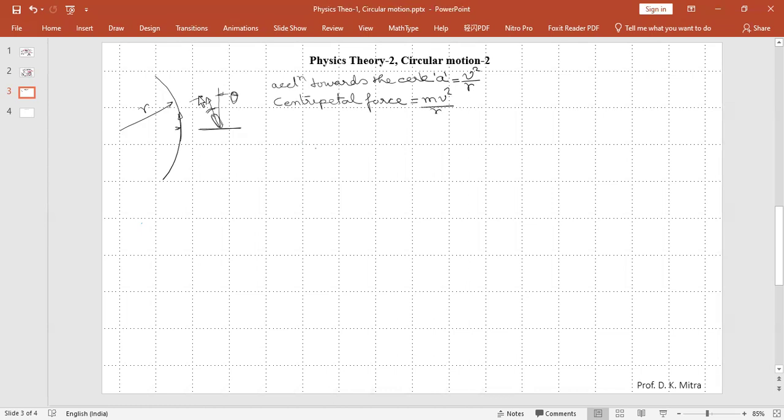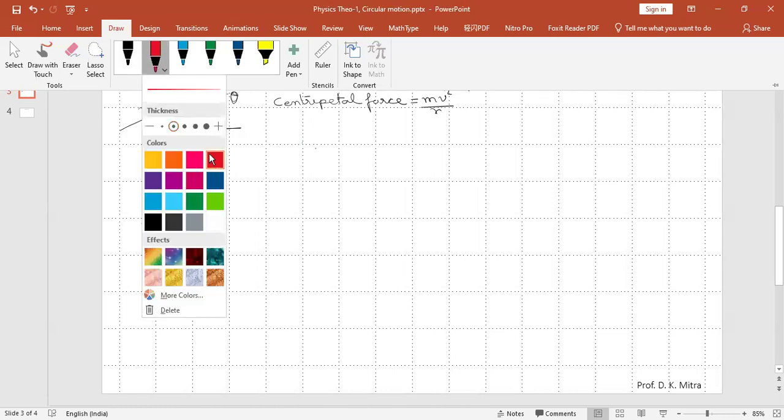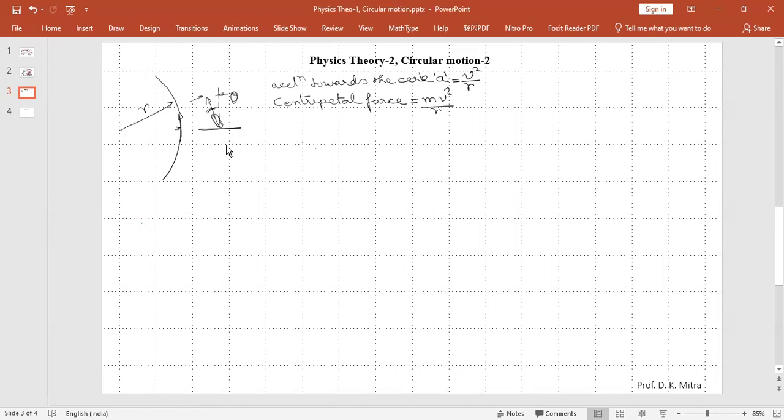Now, where will this force come from? When you incline, there is always a force.